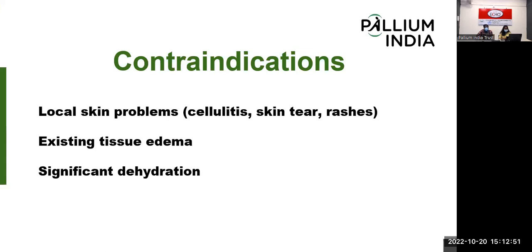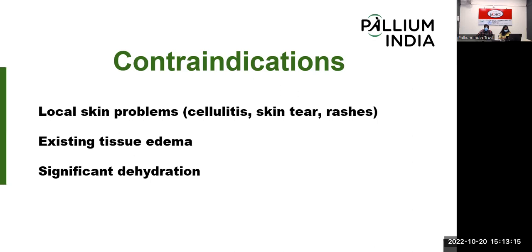Then there are some contraindications. In some situations, we can't give the subcutaneous injection or infusion. First, if the patient has cellulitis, rashes, or a skin tear in the area, we cannot give the subcutaneous injection or infusion on that area due to the skin problem.